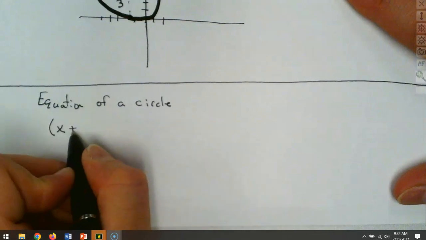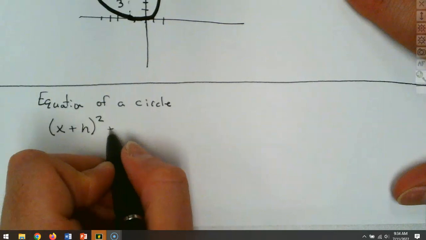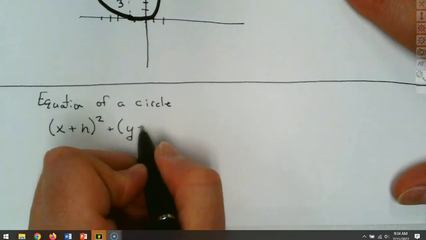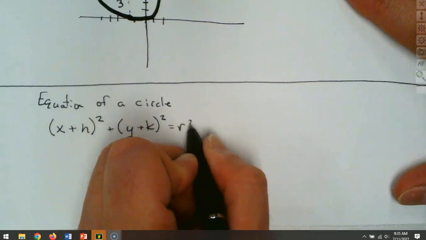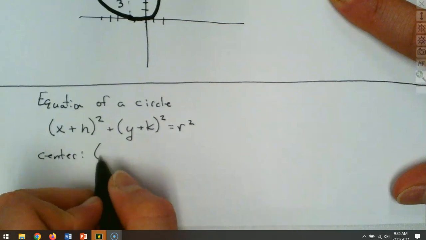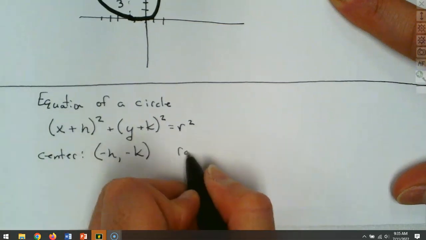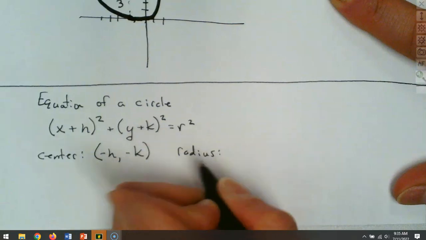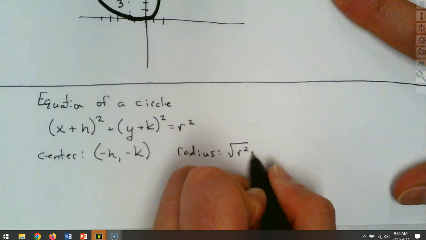It's (x plus h) quantity squared, plus (y plus k) quantity squared, equals r squared. And your center is (minus h, minus k), and your radius is the square root of that r squared, so it's simply r.